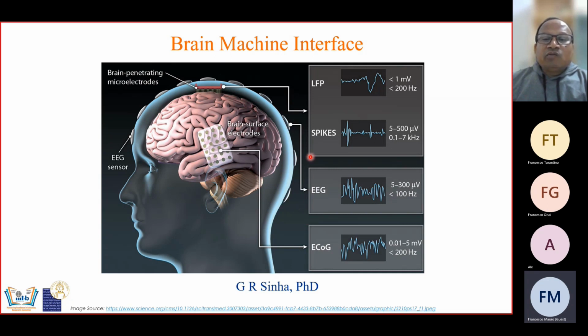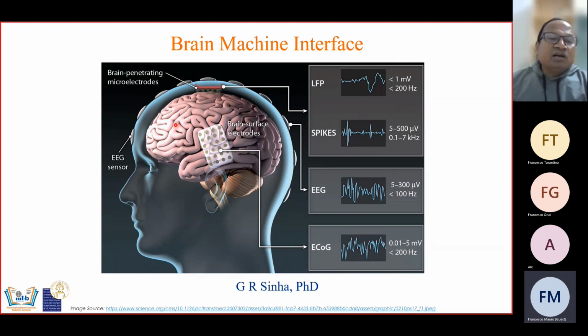And when you find the ECoG, electrocorticogram, you insert electrodes to a deeper level, from which you get a signal which gives even finer detail, in the range 0.01 to 5 millivolt, and even some higher frequency but less than 200 hertz.